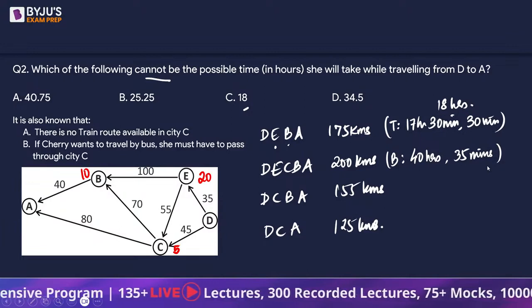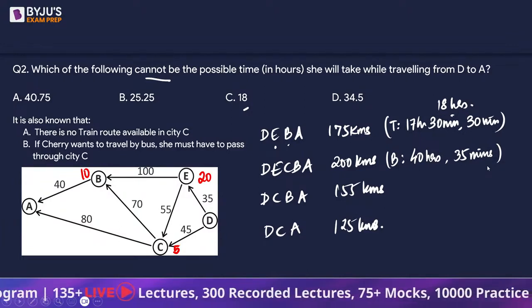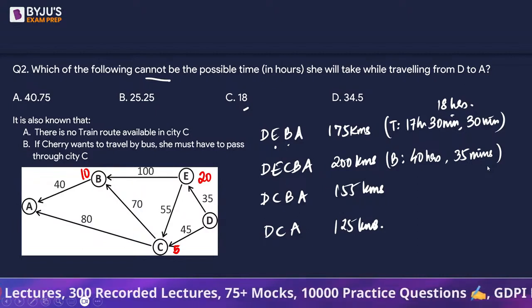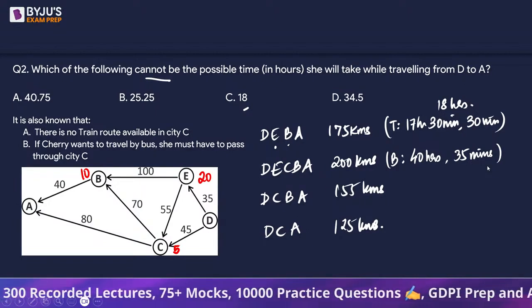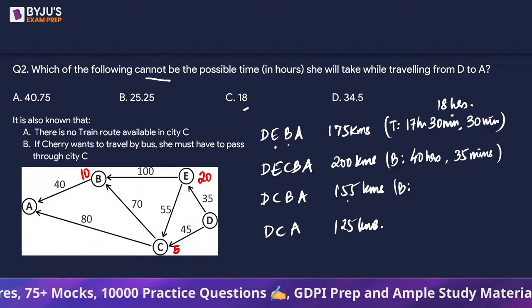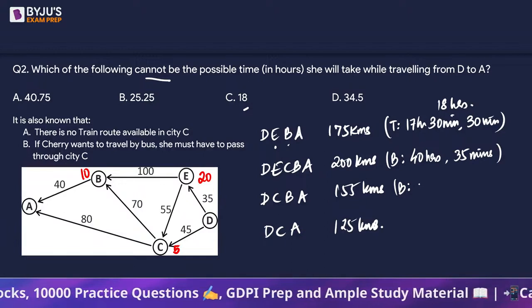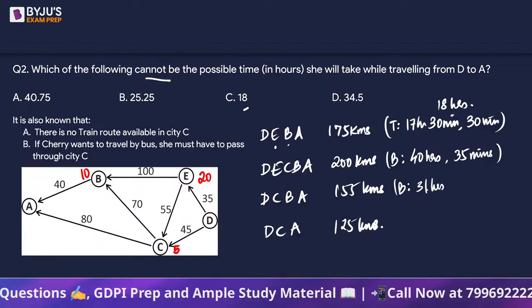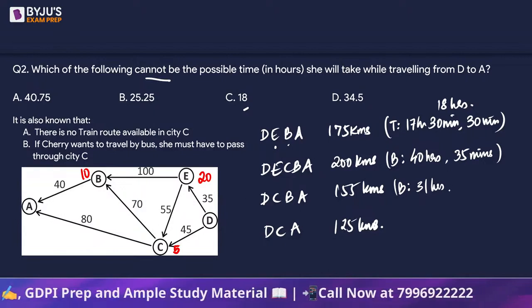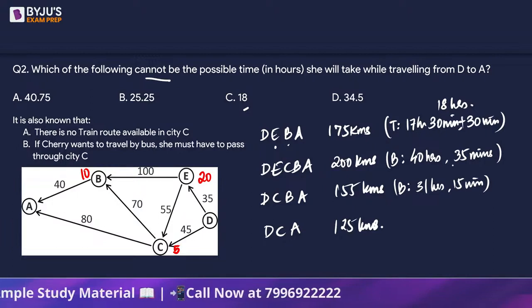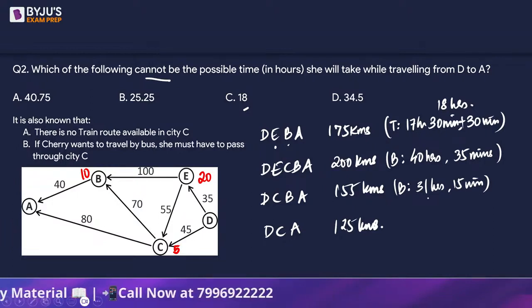Okay, DCBA is 155 kilometers. So 155, I can convert it into maybe option D. We can try. So 155, somebody is going to take the bus route. So that is going to be divided by 5. That is going to take us 31 hours. And then because at C and B, that is another 15 minutes. So 31 hours, 15 minutes is what we will have, right? It's not there in options.